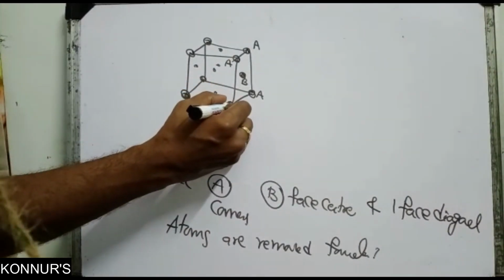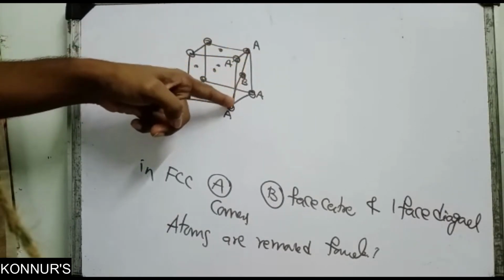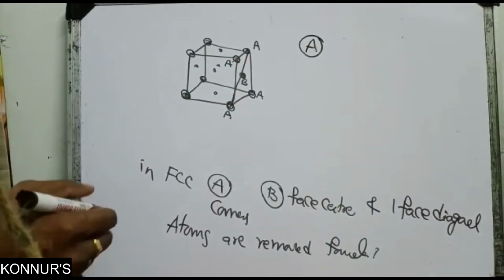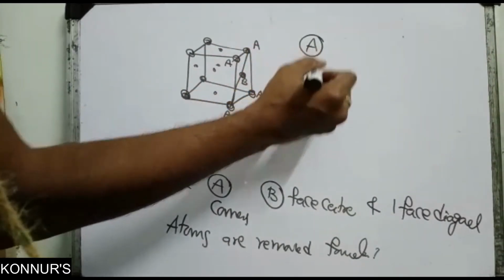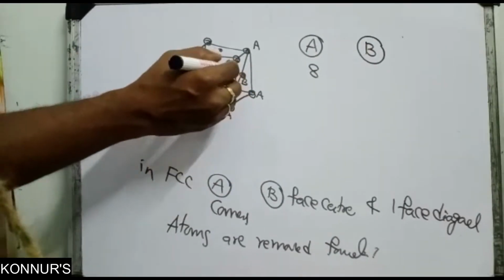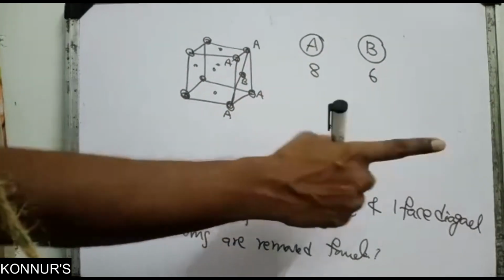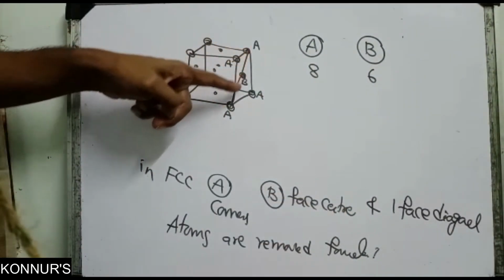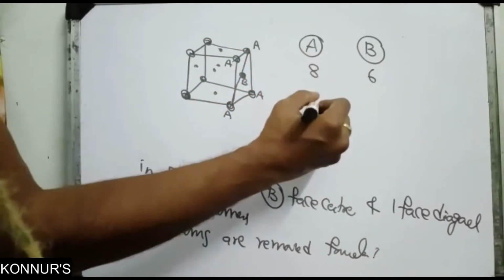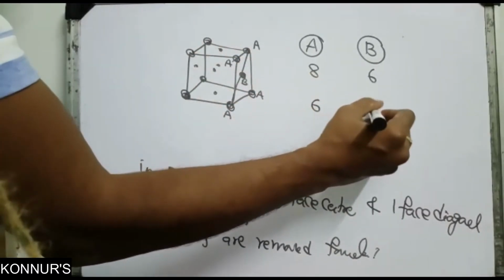Face diagonal atoms means what? A, B, A. These atoms are removed. Here A, how many are there to start? 8 corners. B at face centers, these are 6. Now the face diagonal is removed, which means 2 corners gone, so your answer is 6. Next, one body center is gone, so your answer is 5.